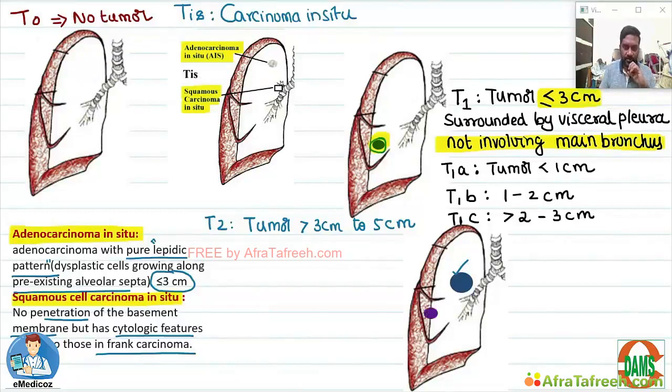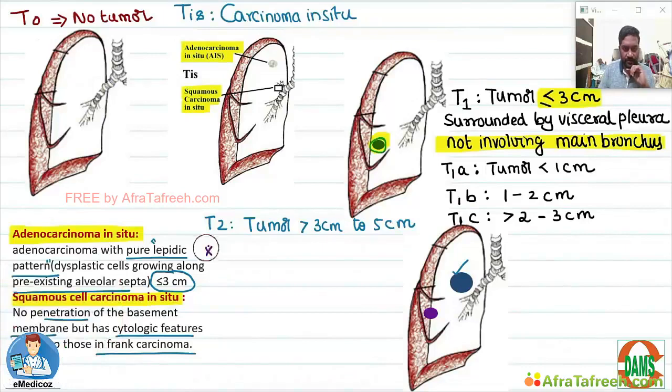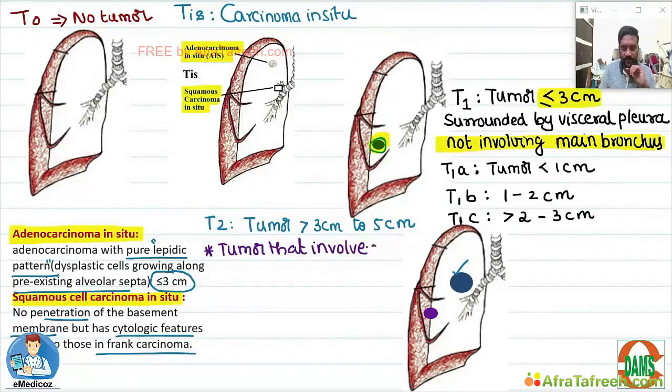Or the tumor is having any of these features, or the tumor that invades. Previously the tumor was within the lung, enclosed within the visceral pleura.